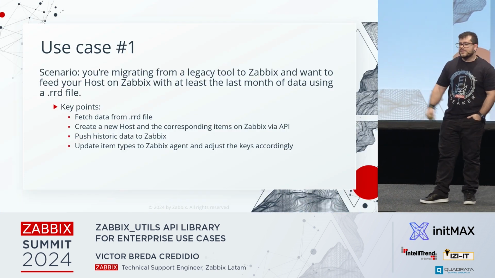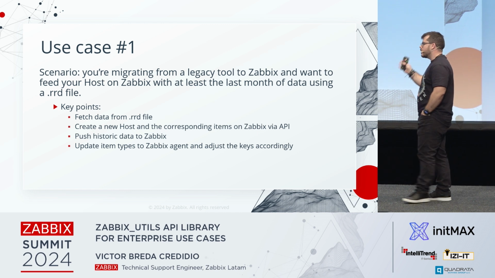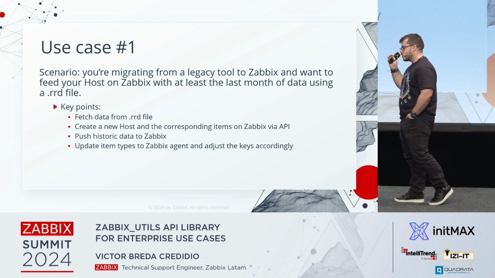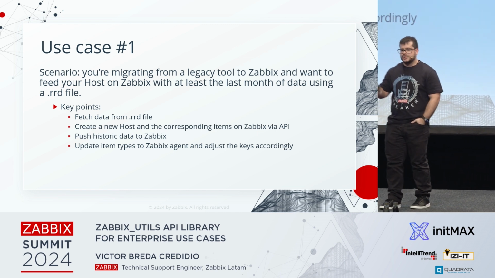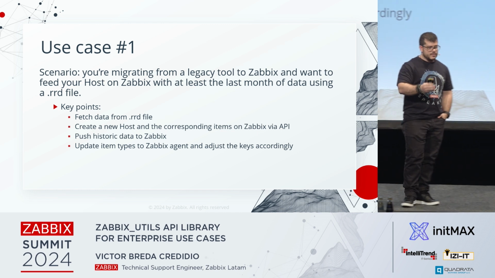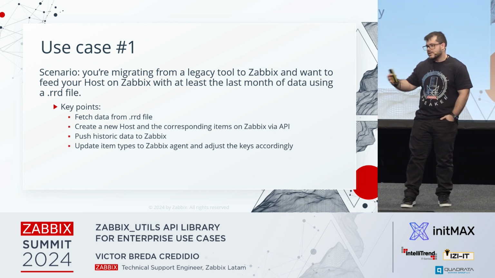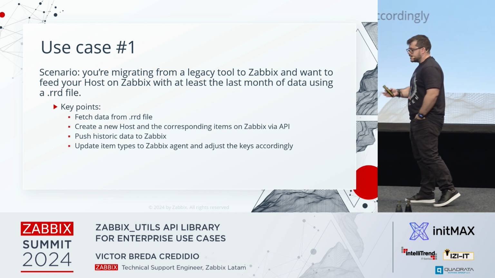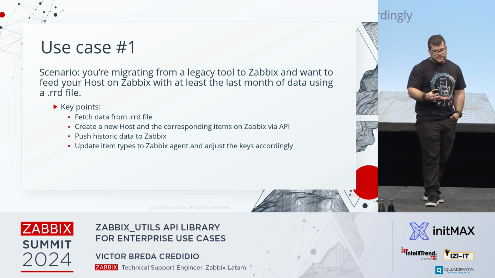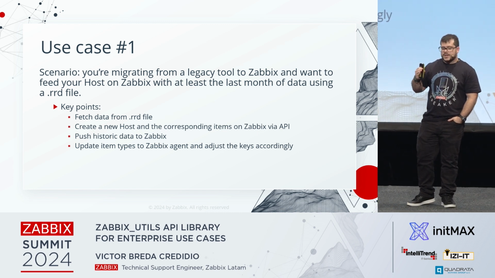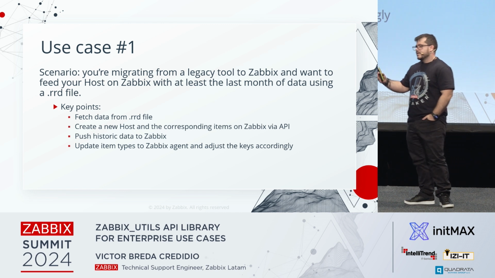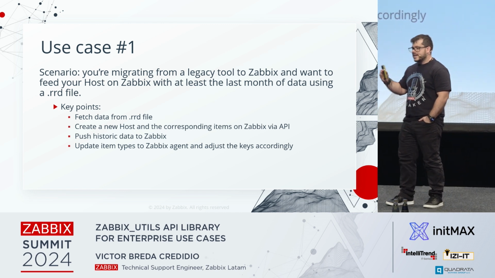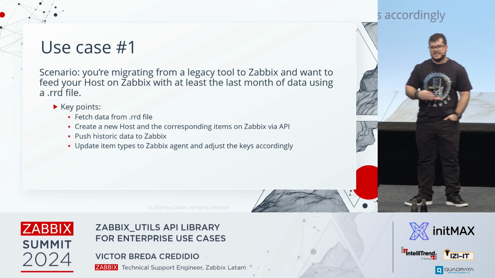Okay, let's see. First use case, I have a scenario. I want to get rid of a monitoring application, and I want to change to Zabbix. And you know, every customer, every user has their specific requirements. Let's say that in this case, which I had to deal with, the customer wanted to have at least the last month of data inside Zabbix.